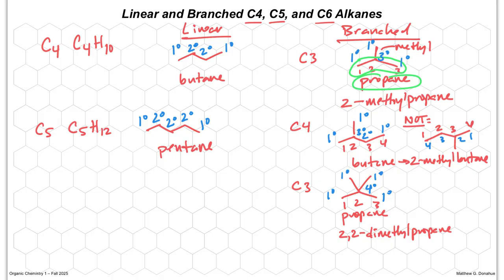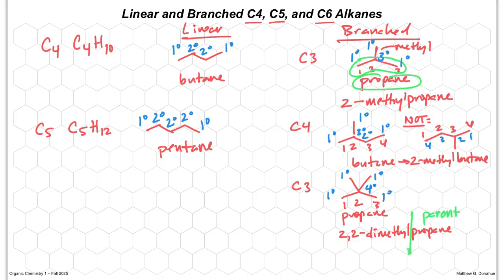The other way to think about this, if you're given a name, how do you convert a name into a structure? So even though we're taught to read left to right, when you're converting a name into a structure, really you want to look for the parent first.